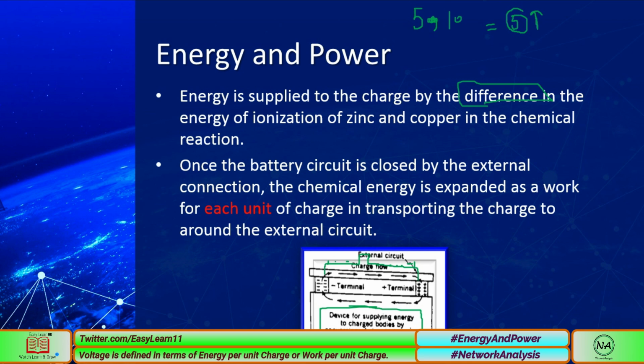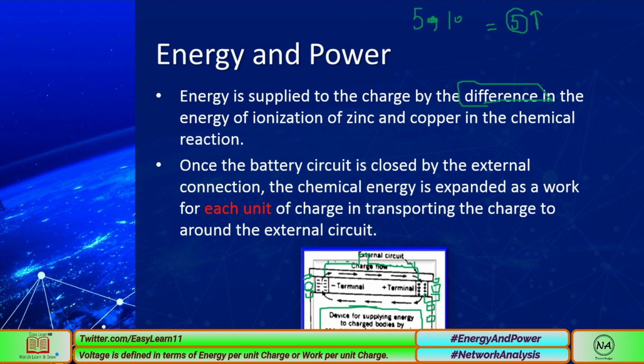All the units of the charges, like suppose this is one unit, are all available here. There are different units of the charges. Then who provides enough energy to all the units of charge to move through the external circuitry and complete their paths?